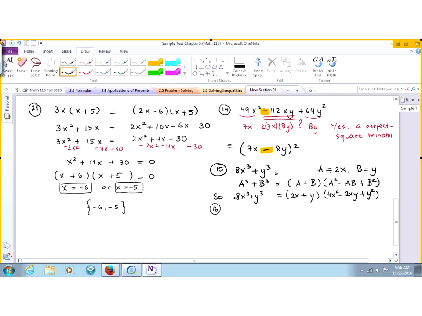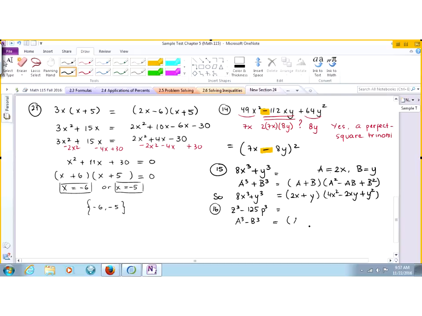Now number 16 is z cubed minus 125p cubed. Which formula do I use? A cubed minus b cubed. Just leave it the way it is.